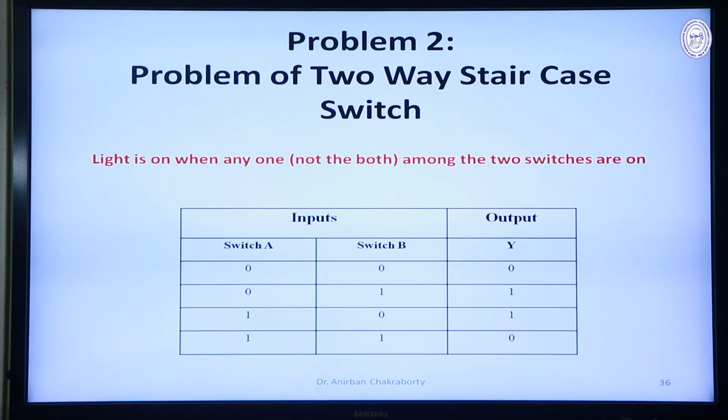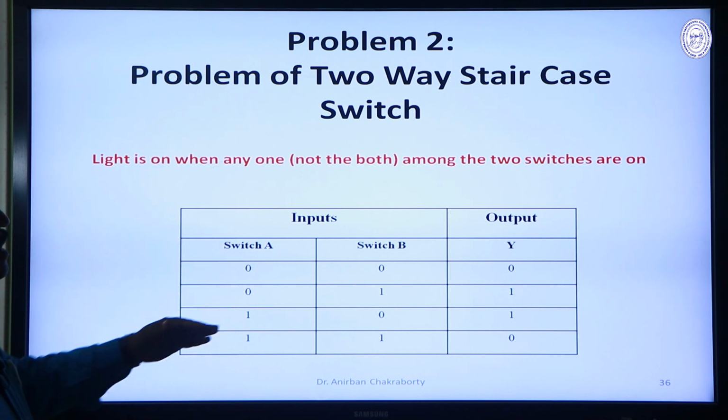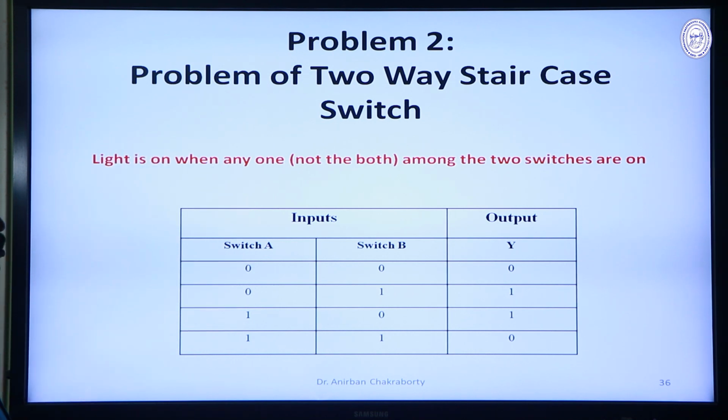Now realization of another circuit: the first one is the problem of the staircase switch, which exists at our homes also. The light is in between the stairs, so when you go from the ground floor to the first floor, you turn on the light from the ground floor, and from the first floor you can turn it off, or the reverse.